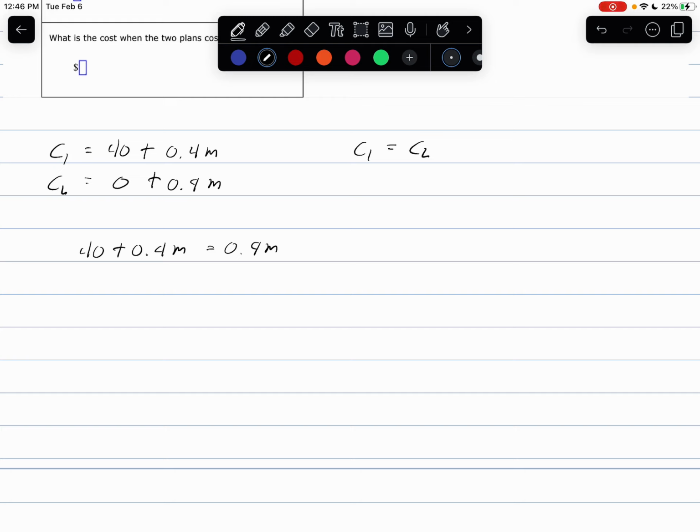All right, so let's go ahead and take 0.4 m away from both sides, and that's going to give us 0.5 m is equal to 40. And if we divide both sides by 0.5, okay, we're going to get m is equal to 80.